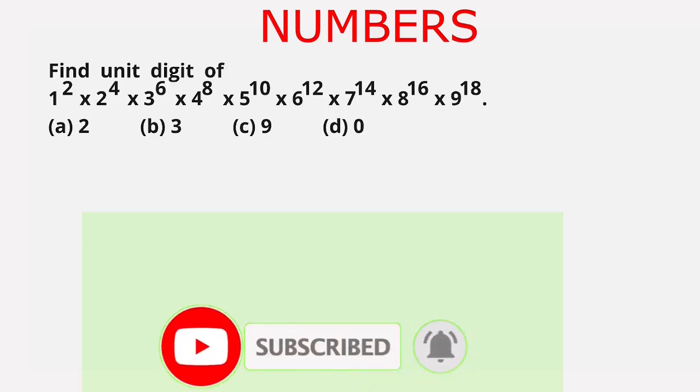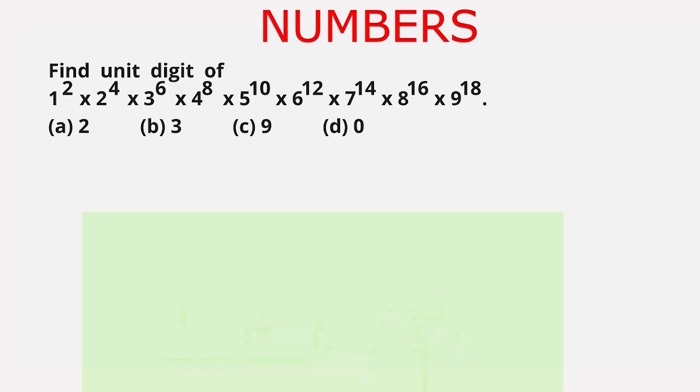It seems to be very difficult question, but it's very easy question. We just observe and we'll find the solution. Here we have 2 to the power 4, and we also have in multiplication 5 to the power 10, and many even numbers in this question. 2, 4, 6, 8, these are all even numbers, and any even number multiplied by 5 gives us ones place 0.